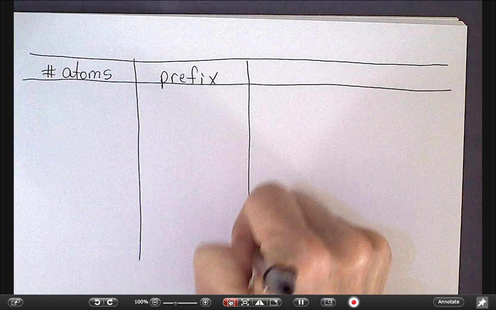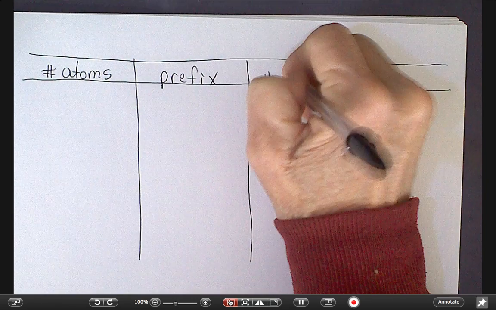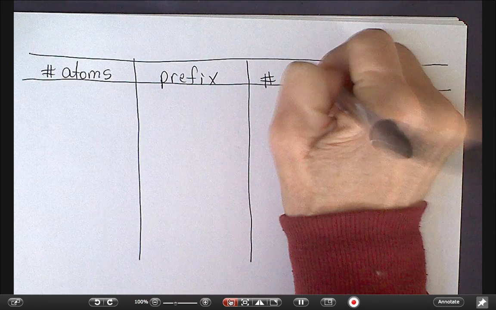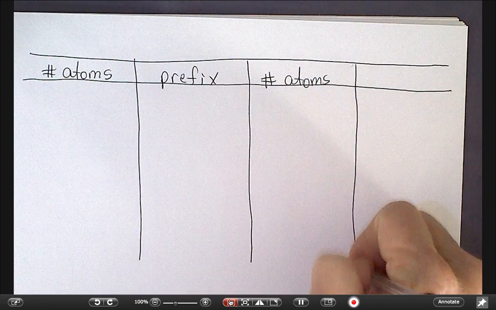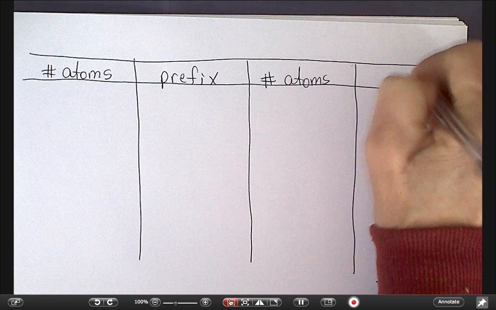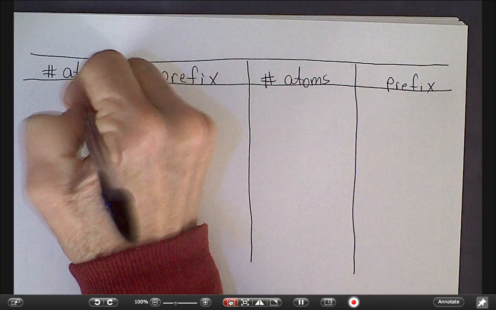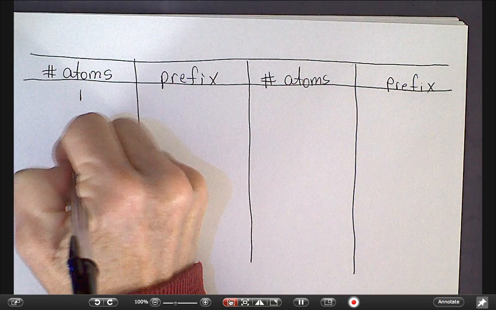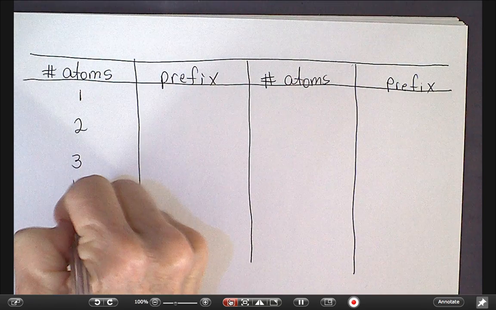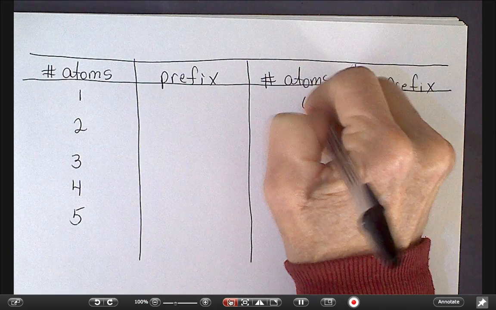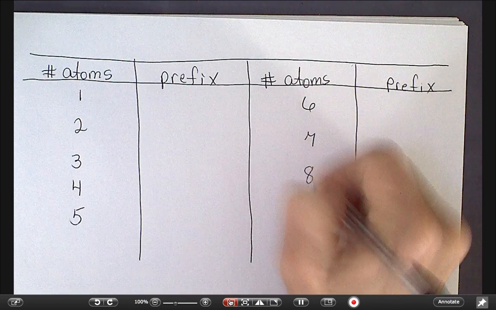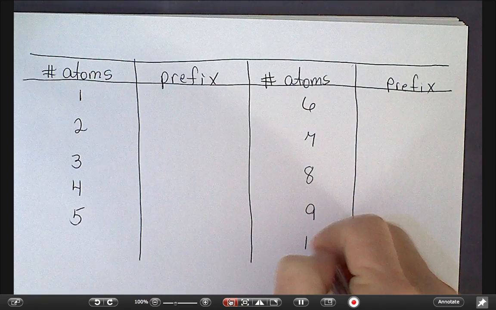Number of atoms. Prefix. We're going to 10. So 1, 2, 3, 4, 5, 6, 7, 8, 9, 10.